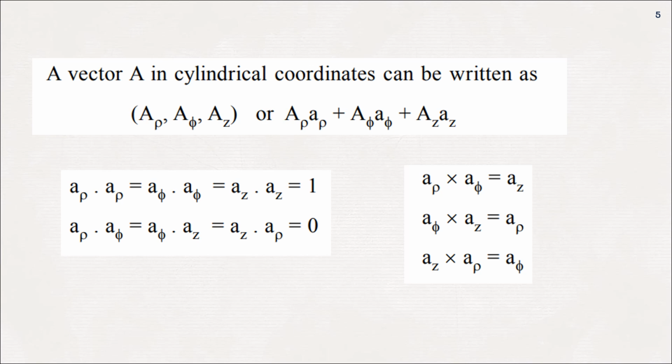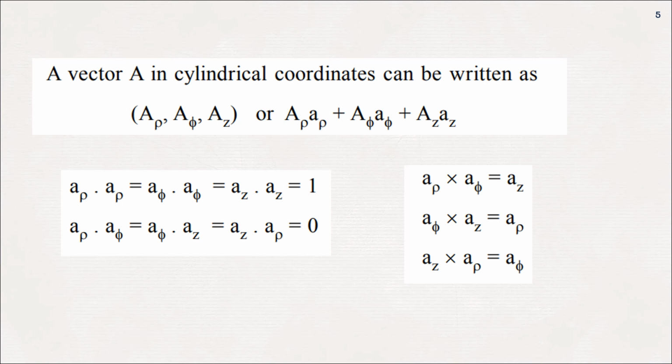Now, having seen how to represent a vector in cylindrical coordinates, we have to know the relationships, which are the same as in Cartesian coordinates. a rho dot a rho: a vector upon itself, the angle is 0, and this is a dot product, so cos 0, which is 1. So a rho dot a rho is 1, a phi dot a phi is 1, a z dot a z is 1, because vector upon itself, angle is 0, so cos 0 is 1.